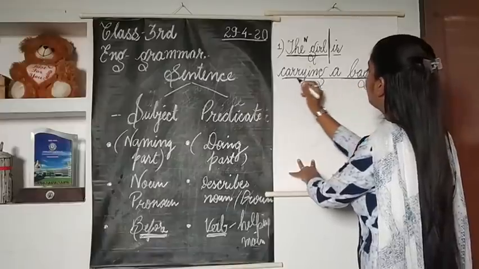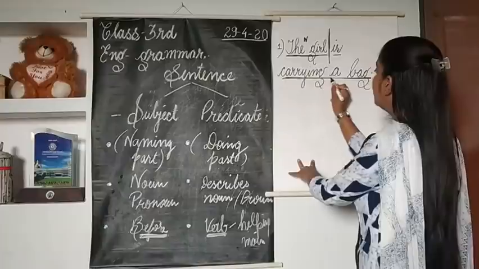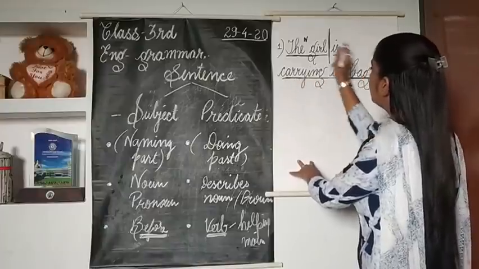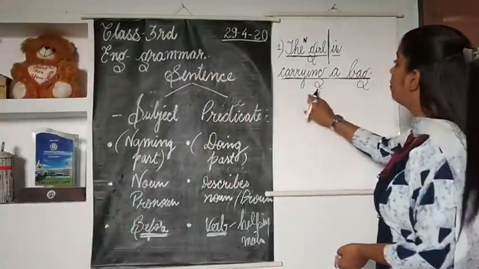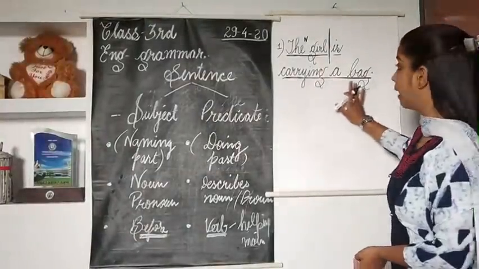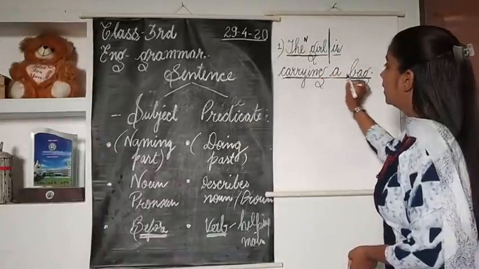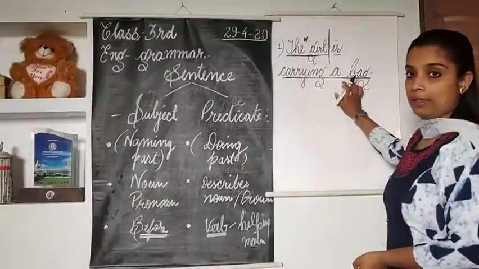It is telling us something about that girl. It's describing the action done by the girl. What is the girl doing? She is carrying a bag. So this part of the sentence, is carrying a bag, is the predicate part.